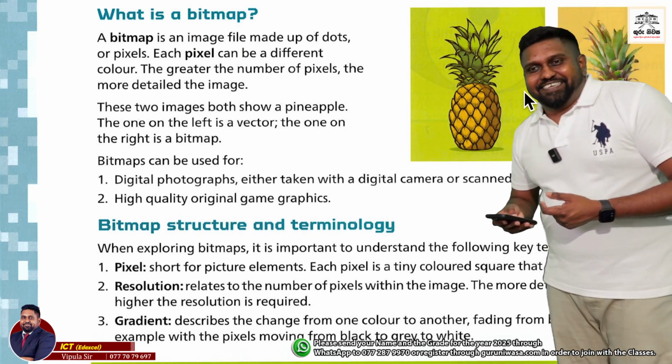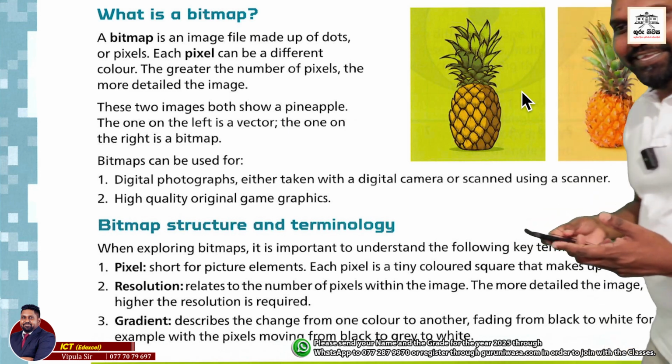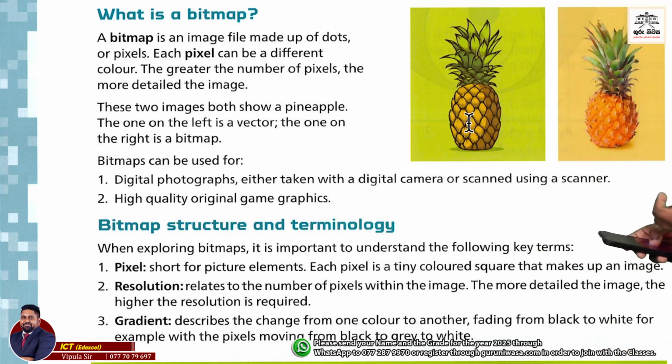Now here, in the example you can see, this is a vector and this is a bitmap. The vector is more of a cartoonish color scheme because, as you can see, it has a limited set of colors.